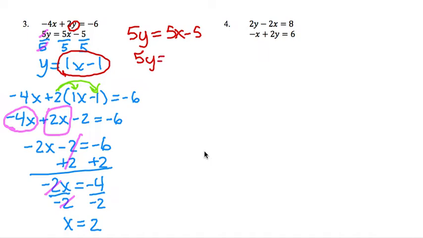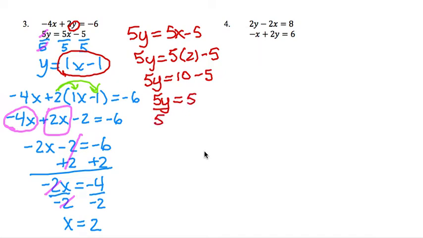So 5y equals 5 times 2 minus 5. 5 times 2 is 10, so 5y equals 10 minus 5. 10 minus 5 is 5, so 5y equals 5. And then to finish solving here, I'm going to divide both sides by 5. So I find out that y equals 1. So my point of intersection is 2, 1.